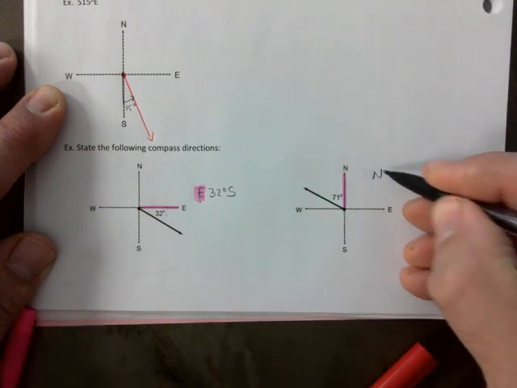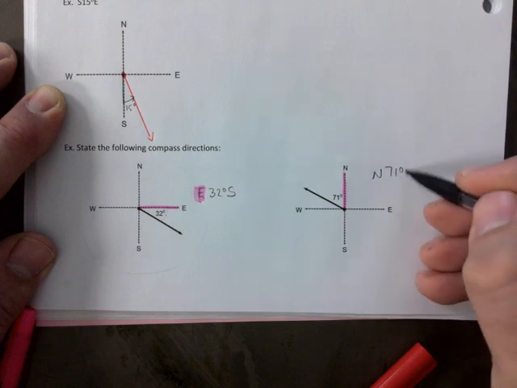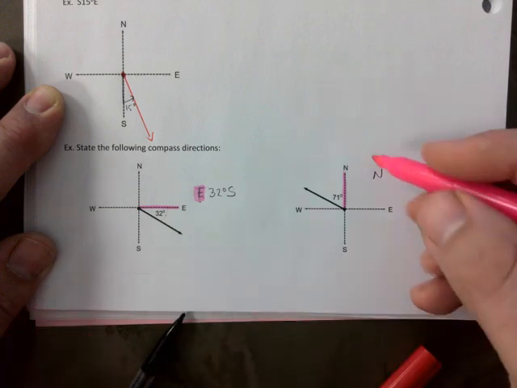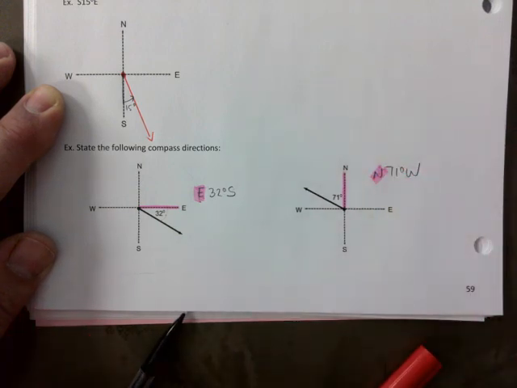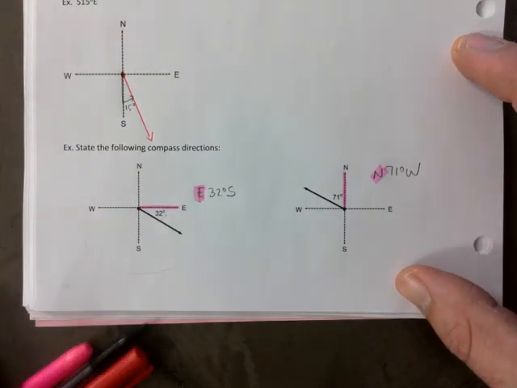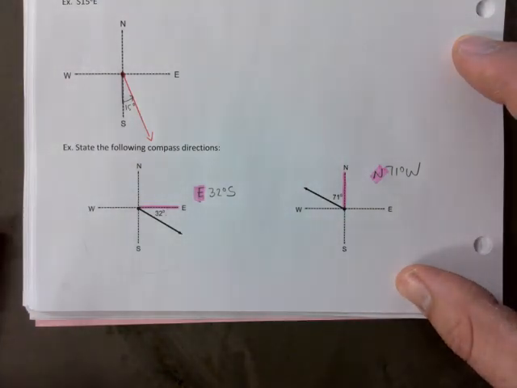So this would be north 71 degrees west. Okay, so one is reading it, the other one is telling me where you would be going based on the compass rules. Some of you already know this, and that's fine.